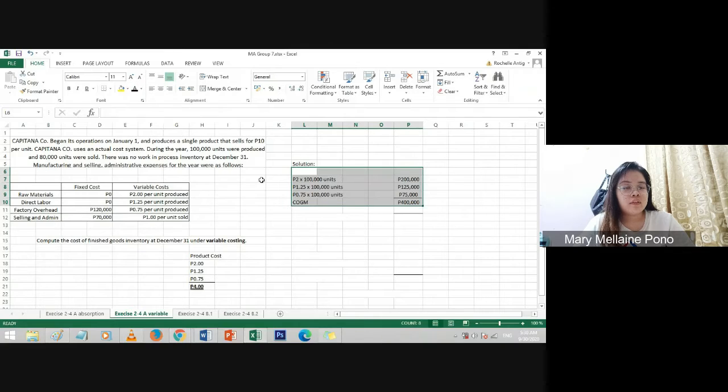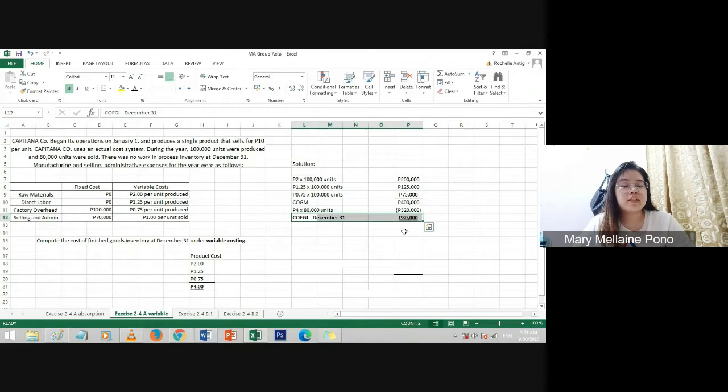Then you identify the cost of goods sold. The number of units sold is 80,000 units times 4 pesos, which gives us 320,000 pesos as the cost of goods sold. Now you get the difference between the CGM and the COGS, which is 400,000 less 320,000 pesos, giving us an ending inventory of 80,000 pesos.